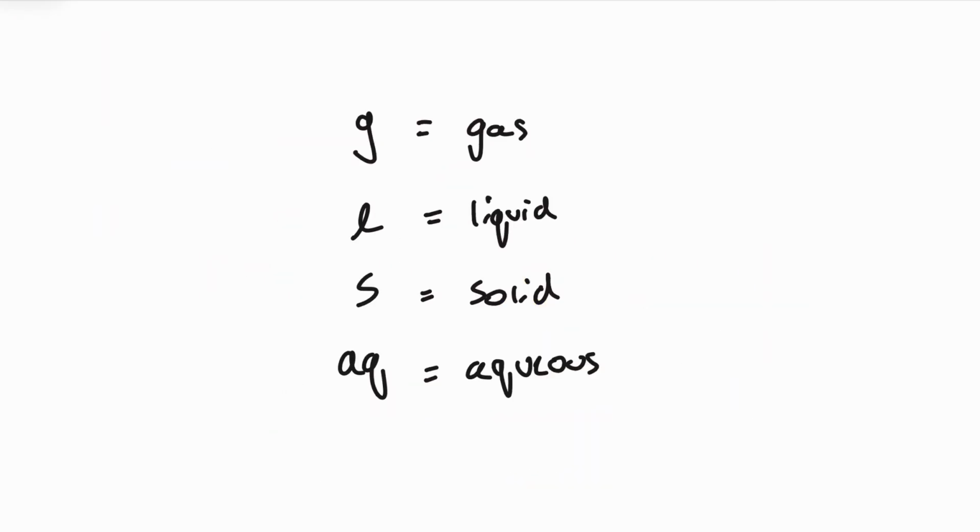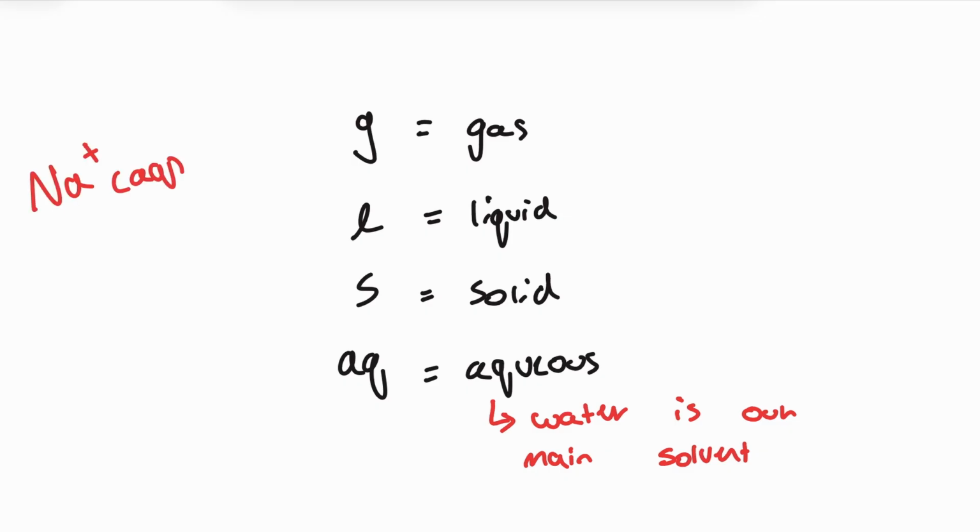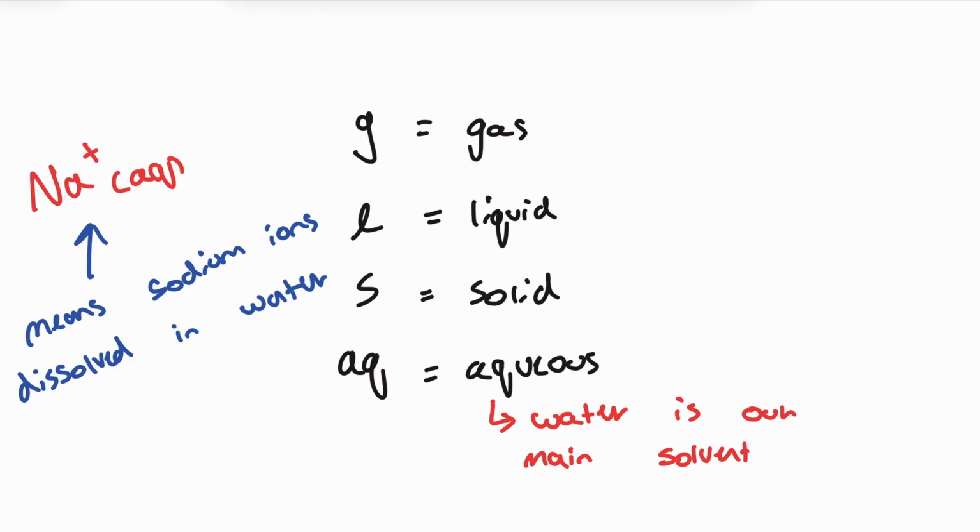There are 4 of these symbols you must know: g, l, s, and aq. g stands for gas, l stands for liquid, and s stands for solid. aq stands for aqueous, and it just means that water is the main solvent in our solution. For instance, having Na+ aqueous in our equation means that we have aqueous sodium ions, which really just means that our sodium ions are dissolved in a solution of water.